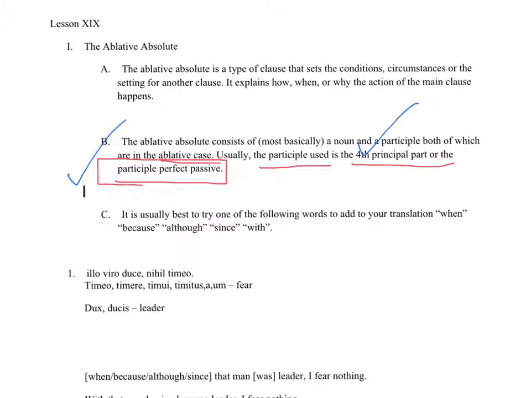It's usually best to try to translate the ablative absolute clause starting with a word like when, because, although, since, and most awkwardly the word with. Now, with is also one of the words that I gave you as a standby for the ablative in general, so you can always go with. It's just the most awkward of them. It's the least English-like.